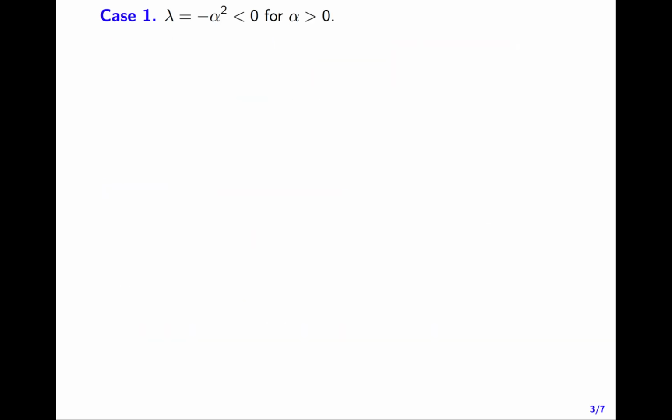So case 1. Lambda equals minus alpha squared, which will be negative, and here alpha is a positive number. What is the ODE? f double prime plus f equals minus alpha squared f. That rearranges to f double prime plus (alpha squared plus 1) f equals 0.